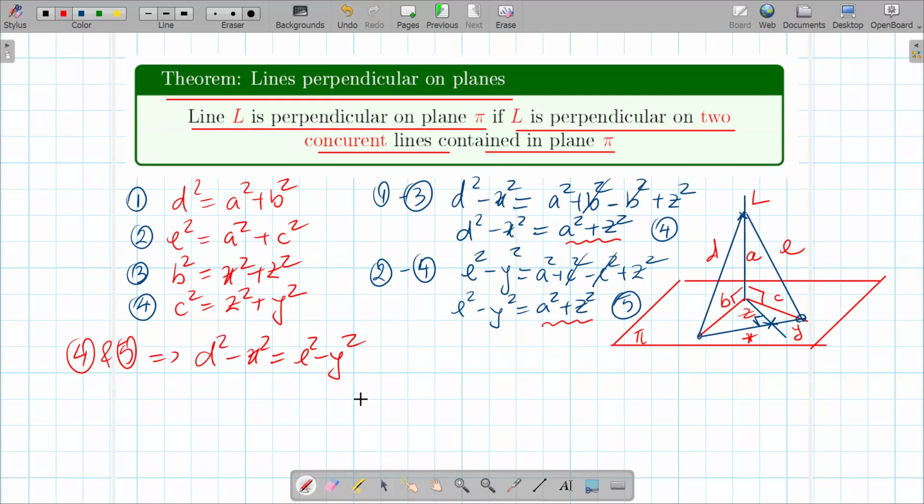Well, let me highlight what's happening here. So d squared minus x squared is equal to e squared minus y squared, no? Which actually is exactly that relationship that we proved in 2 dimensions, no?